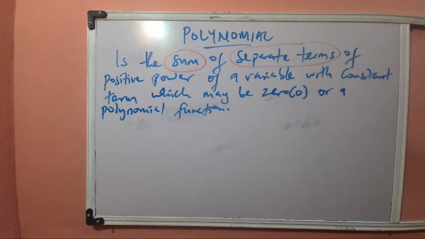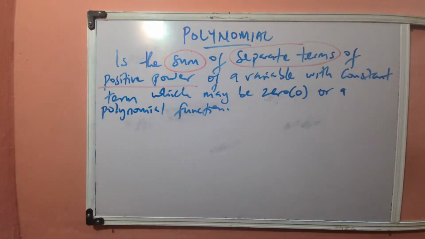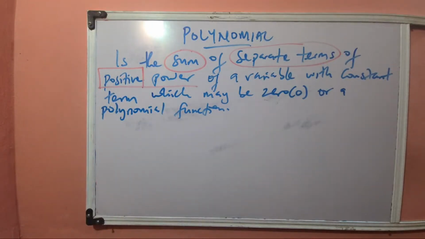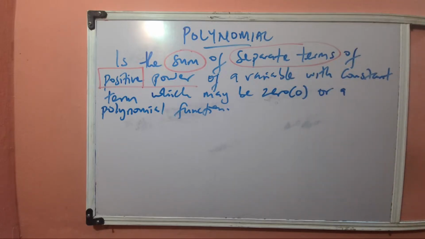Now, this next thing I want to point out is very, very significant. Positive power. You see this word positive, you need to pay real attention to it. Now, of a variable, I'm sure you understand what variables are.